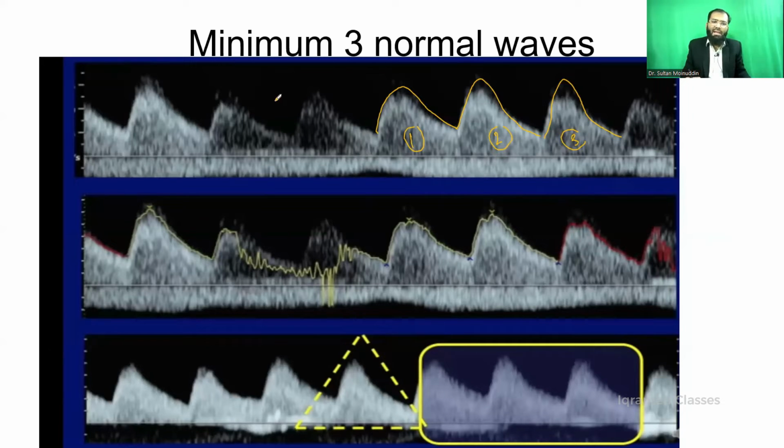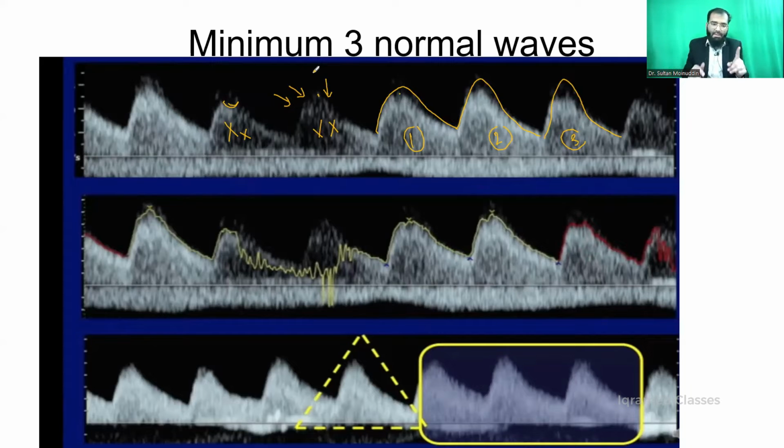For example, if you select this waveform, what is going to happen? Look here, the PSV and the PSV. So you might underestimate the PSV. Similarly, look here, the peak is not well seen. So such waveforms are not to be selected when it comes to calculation of various Doppler parameters, fundamentals.